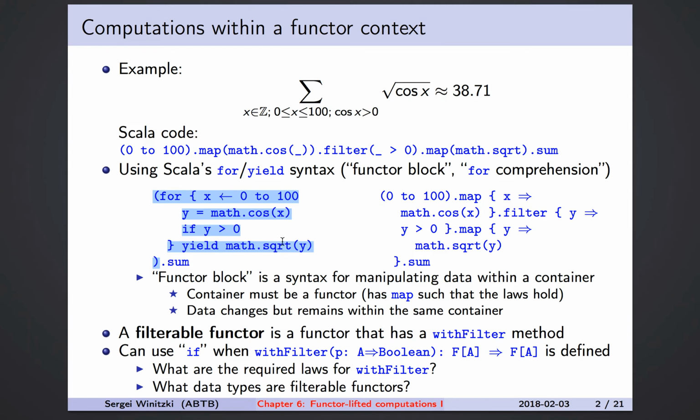It can be a sequence of double numbers, double precision floating point numbers, as it is in this example. So it changes type. The data items inside the container can change their type, of course. The container does not change. It is still a sequence. We cannot change the type of the container in the functor block. It must be within the same container.